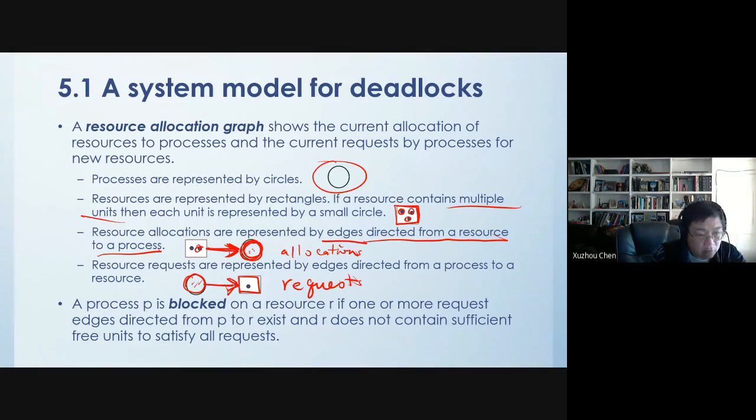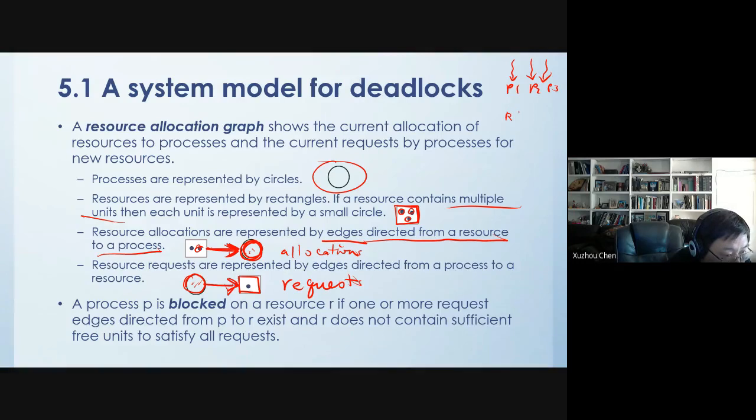Now, deadlock actually happens when multiple processes, P1, P2, P3, are running in the system, and these processes may request some hard drive, memory, or what we call resources.